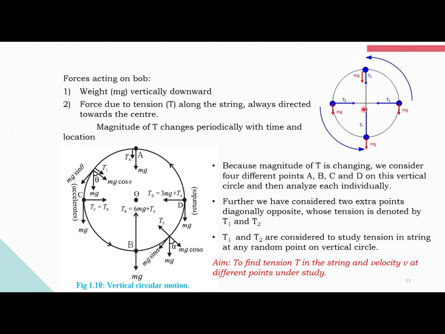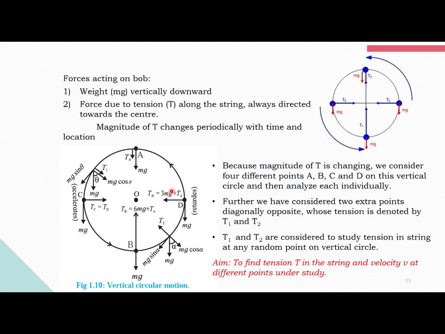We consider 4 different points A, B, C, D in this figure, on this vertical circle, and then analyze each individually. Further, we have considered 2 extra points diagonally opposite whose tension is denoted by T1 and T2.